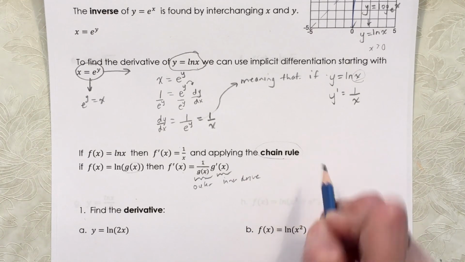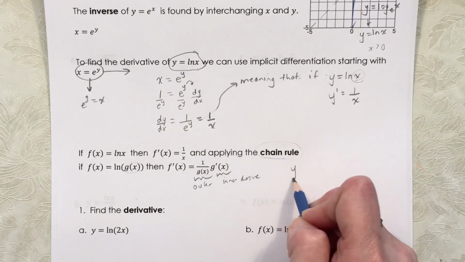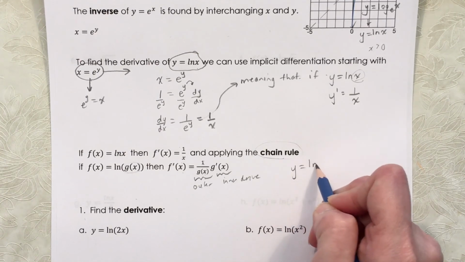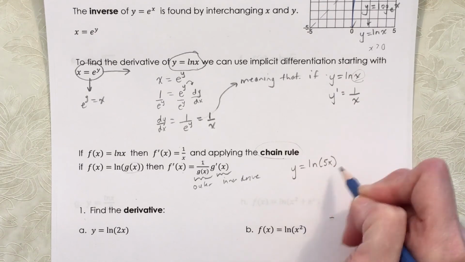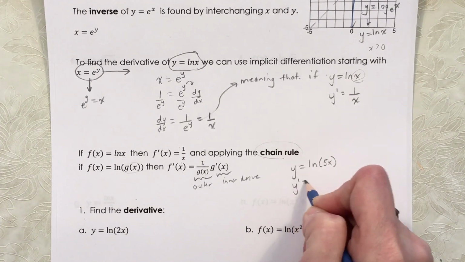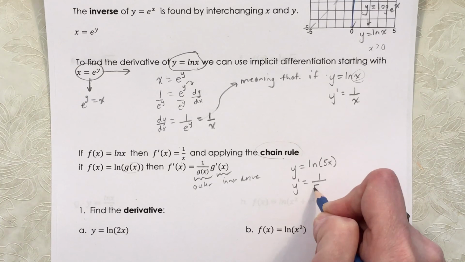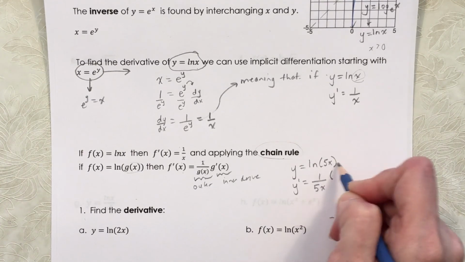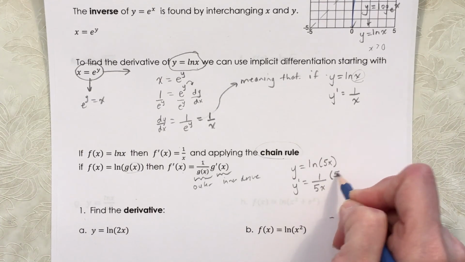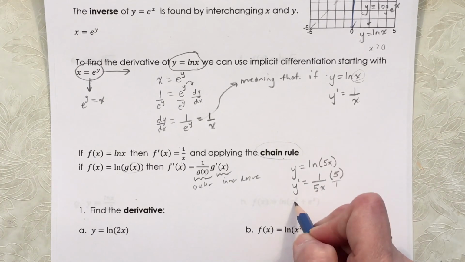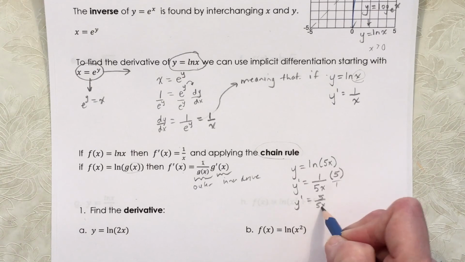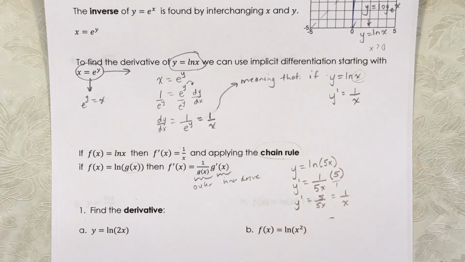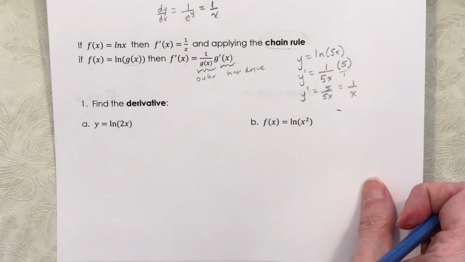So for instance, if we want y equals the ln of, say, 5x, then the derivative, or y prime, is going to be 1 over 5x times the derivative of 5x, which is 5, which is going to simplify to give us 5 over 5x, or 1 over x. Okay? All right, so now we're going to try some examples.